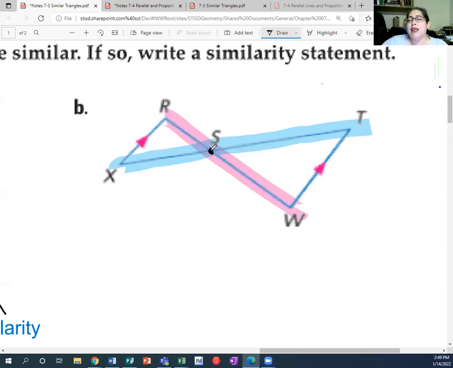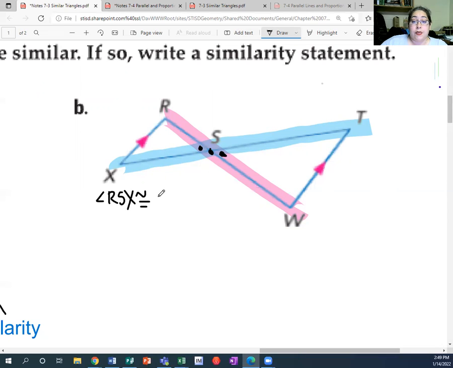If we recall way back early in the beginning of the year when we were talking about lines intersecting, we said that when lines intersect, they create vertical angles. Right here and right here are vertical angles. I think it was a little later, maybe chapter 2, we talked about vertical angles being congruent, and we had a theorem called the vertical angle theorem that said that if angles are vertical angles, like these are, R, S, and X, and W, S, and T, they're going to be congruent.